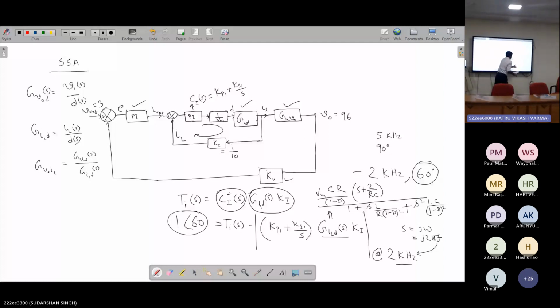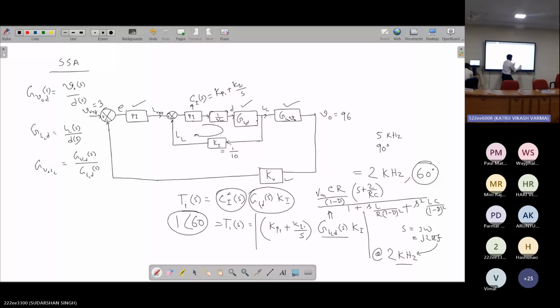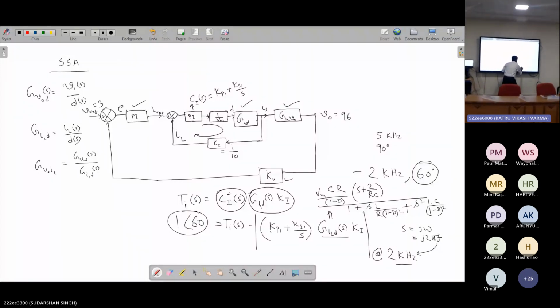In the right hand side, in the real part we have Kp1, Ki1, and in the imaginary part we have also Kp1, Ki1. Similarly, in the left hand side also we can make this function as real part plus imaginary part.